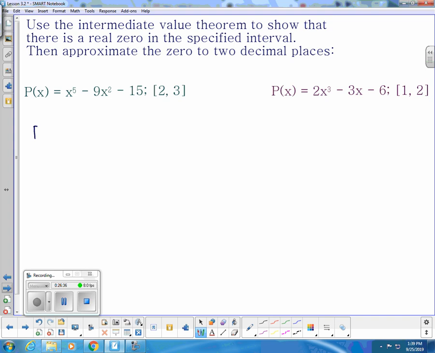Use your calculators. Plug in 2 to this function and plug in 3 to this function and tell me what answers you get.